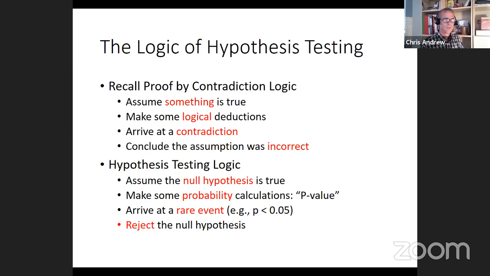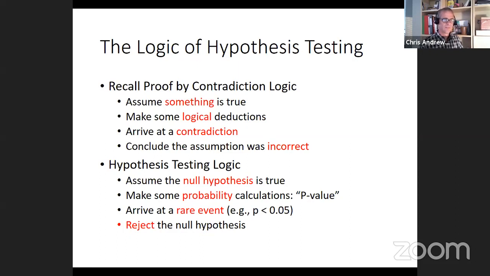But if you do that long enough, you may arrive at a contradiction. That is, you've proven something to be true which you know is actually not true. And so then you say, well, look, if everything I've done since the assumption is correct and logical, I must have assumed something wrong in the first place. And so you conclude your assumption is incorrect.